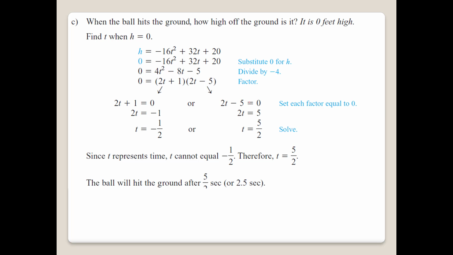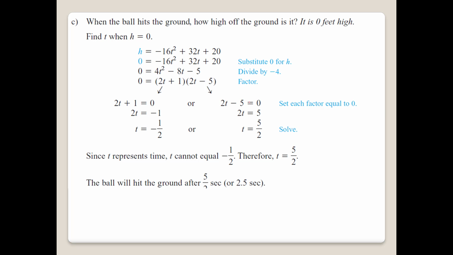We're left with a very similar style problem. We need to factor. So we have 4t squared minus 8t minus 5. Factoring that out, we get 2t plus 1 times 2t minus 5. We set both those factors equal to 0, and we get t equals negative 1/2 and t equals 5/2. Since t represents time, t cannot equal negative 1/2. You can't go back in time and have a negative half second.